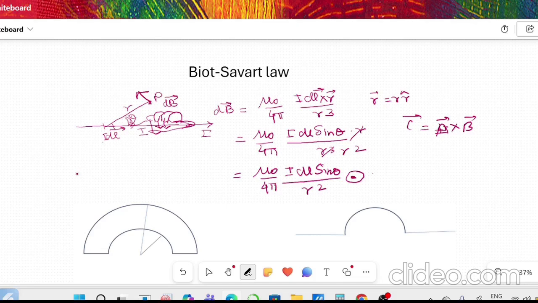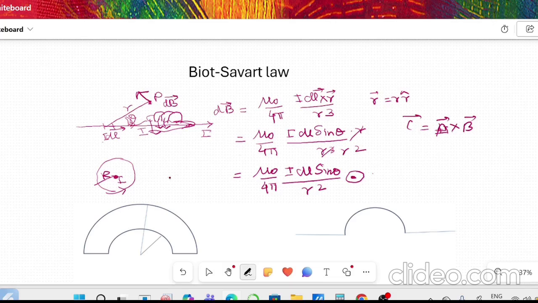Say there is a circular current carrying conductor like this, carrying a current I, and its radius is R. How can you calculate the magnetic field at the center? The center is a symmetrical point, so it becomes very easy for us. For other points, we can discuss later.